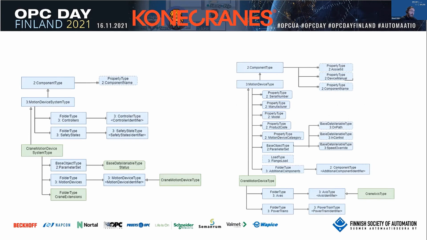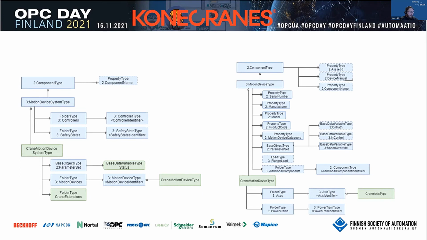Here you can see a hierarchy of some, but not all of the various types we have defined and included in the companion specification. The ones in green are crane-specific types, which we have defined as new or which we have subtyped. And the ones in blue originate from the robotics model or other companion specifications.